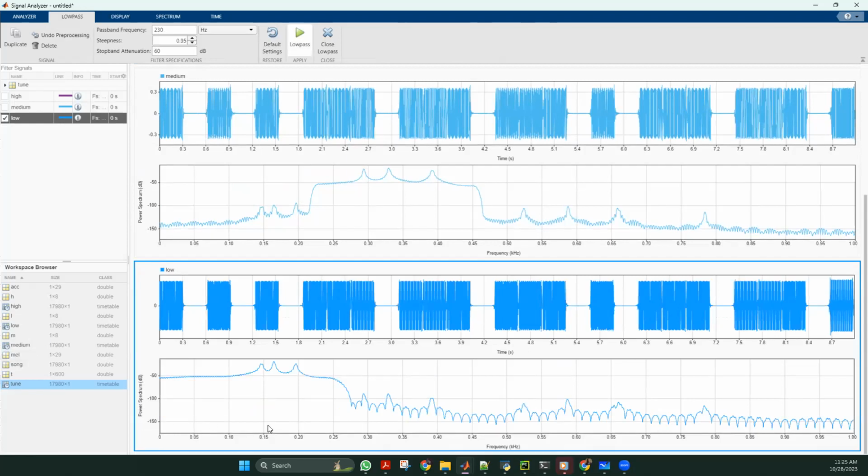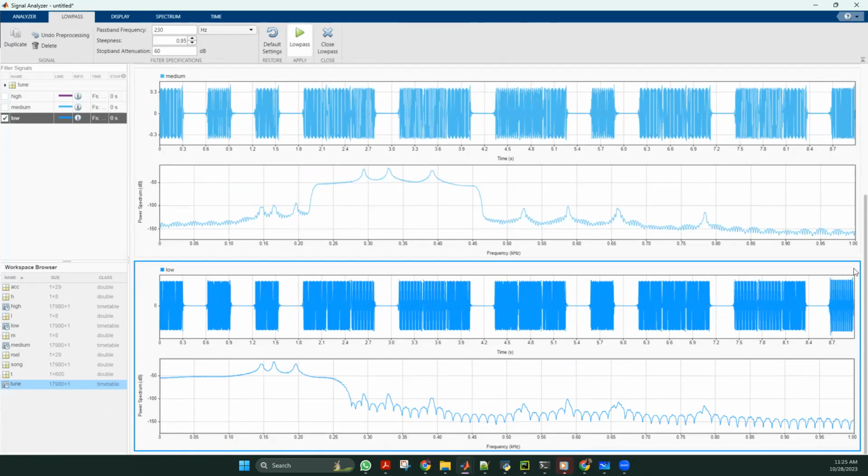So the frequency plot shows that after 230 hertz, the frequency components have degraded and attenuated, and only the frequency components in the range below 230 hertz are available.